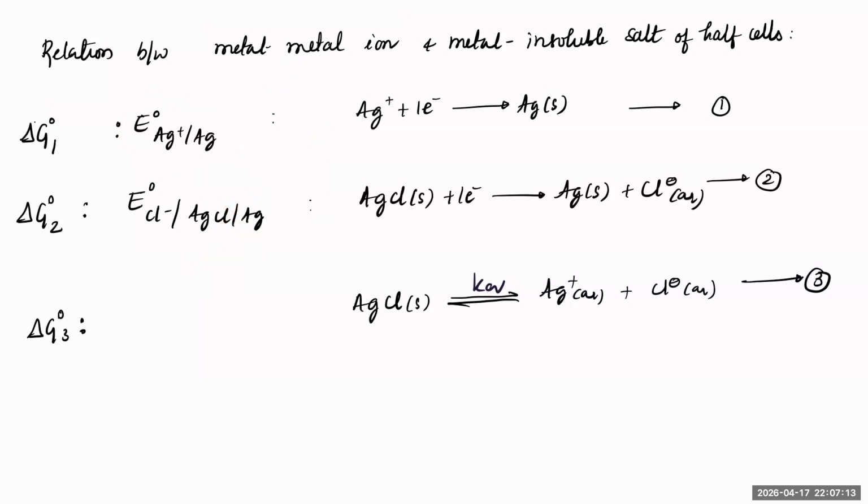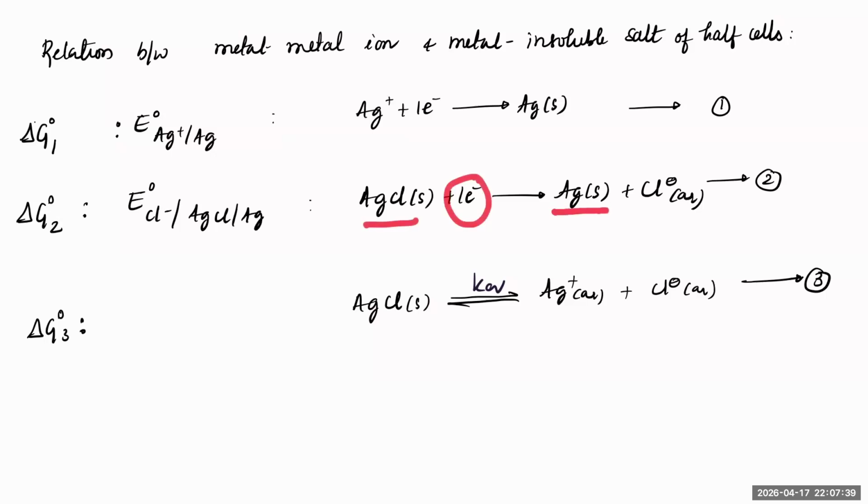Okay. Now notice these reactions that I have written. Ag plus 1 electron giving Ag. This is the reduction equation for Ag plus, and we will write E naught of Ag plus to Ag. This is the reduction potential. And if there is AgCl present in some other electrode, it is getting reduced.